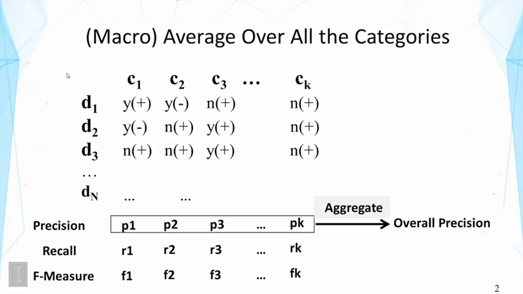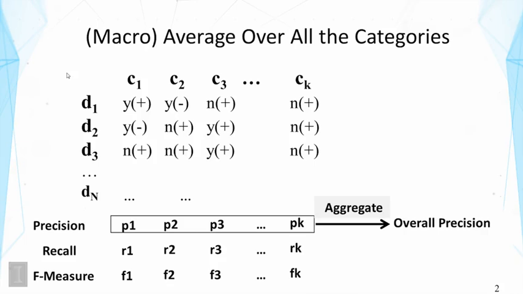And the aggregation can be done in many different ways. Again, as I said, in case when you need to aggregate different values, it's always good to think about what's the best way of doing the aggregation. For example, you can consider arithmetic mean, which is very commonly used, or you can use geometric mean, which would have different behavior. Depending on the way you aggregate, you might get different conclusions in terms of which method works better. So it's important to consider these differences and choose the right one or a more suitable one for your task.